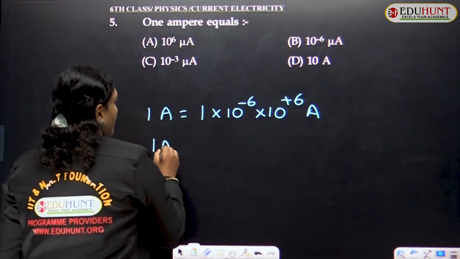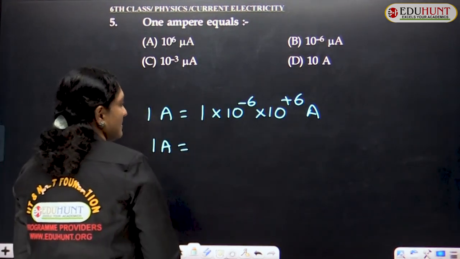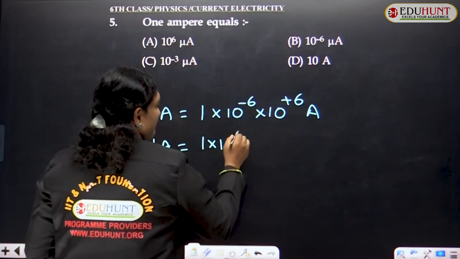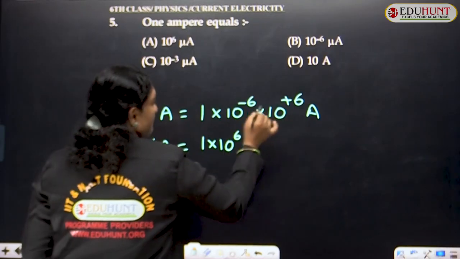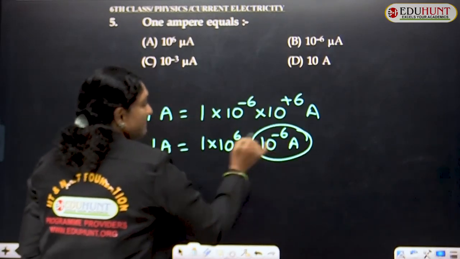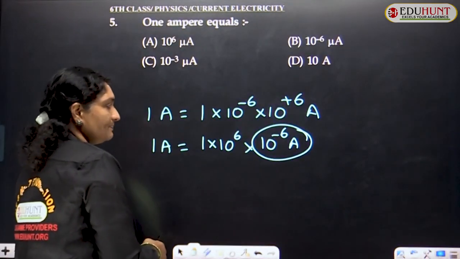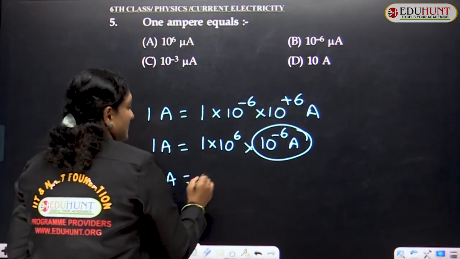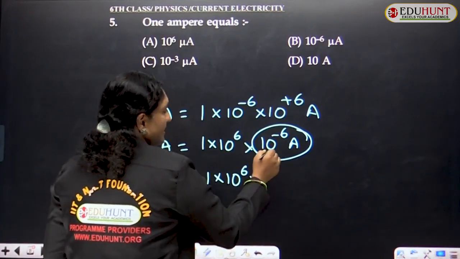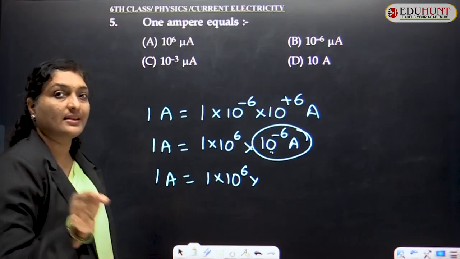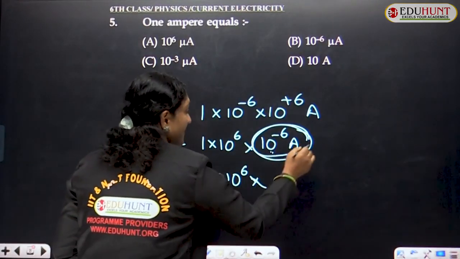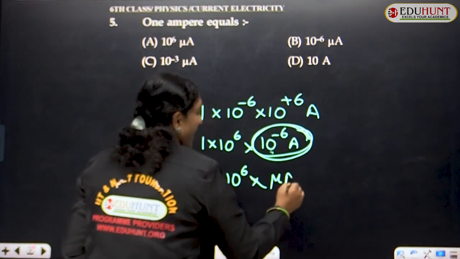So I have added 10 power minus 6 and I have removed 10 power plus 6. So 1 ampere can be written as 1 into 10 power 6 into 10 power minus 6 amperes. But what is 10 power minus 6 amperes, children? Yes, 10 power minus 6 amperes is nothing but micro amperes.